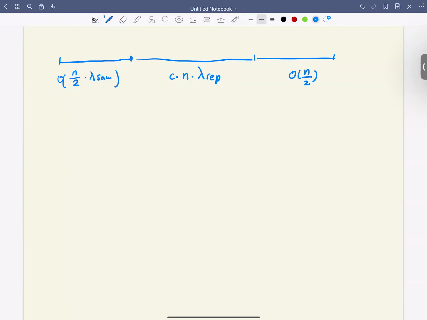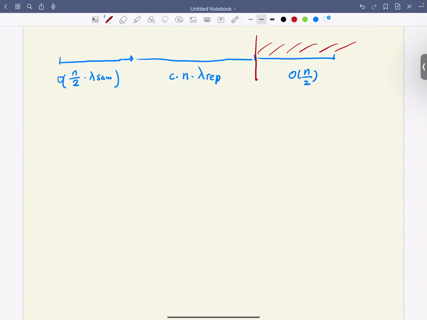So I write n/2 instead of n to emphasize that you only have n/2 elements left. Big O of n/2 is same as big O of n. But just to remind you, I have n/2 elements left. So in terms of delay, the third phase is fine. In fact, I'm not going to touch the third phase. The magic happens in the first two phases.